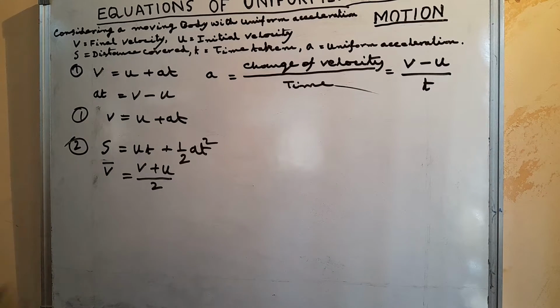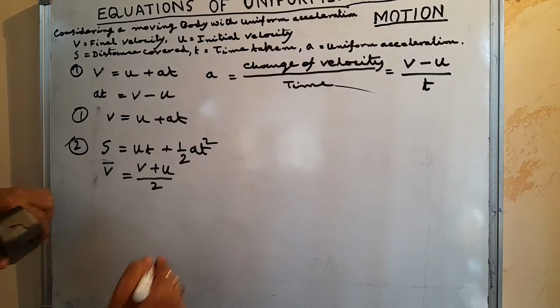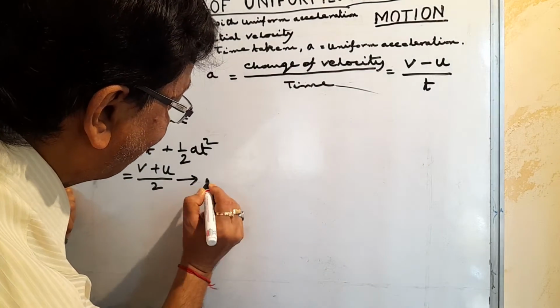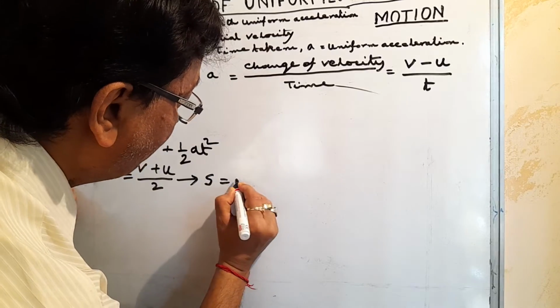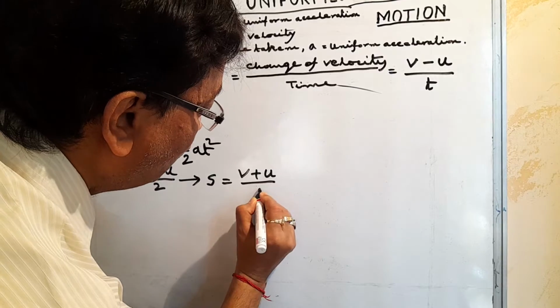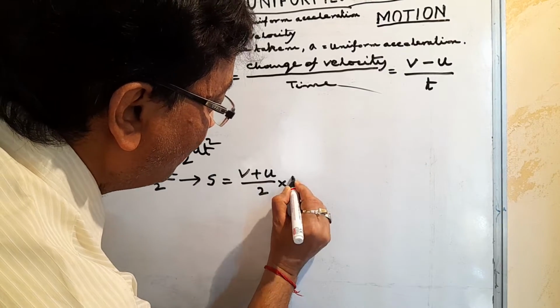Then the body covers the distance s. From this equation we can write s equal to v plus u by 2 into t.